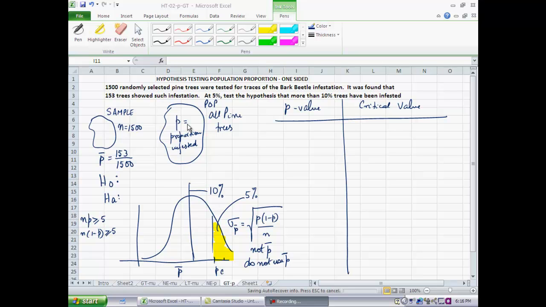So the first step, of course, would be to set up the two hypotheses, the claim and the counterclaim. Again, following our usual procedure, whatever suspicion that we have that we're trying to confirm, if it is confirmed, we would like it to be the result of a rejection of the null, because of the way we do hypothesis testing and the way that we control for type 1 errors.